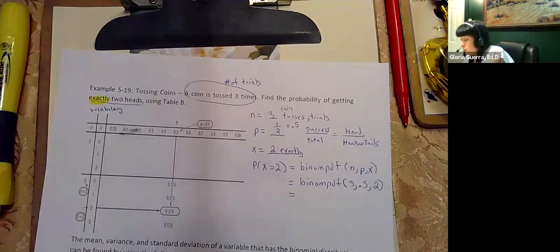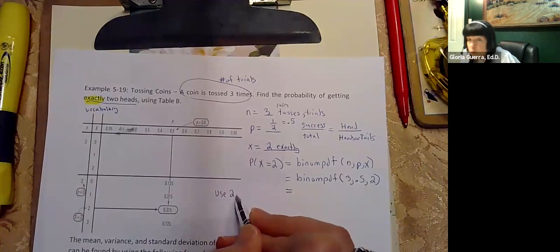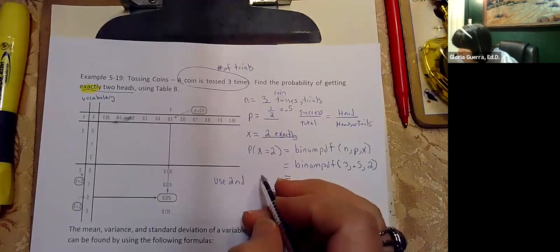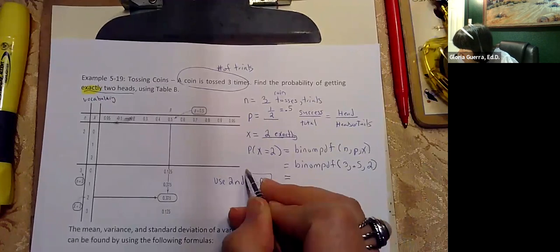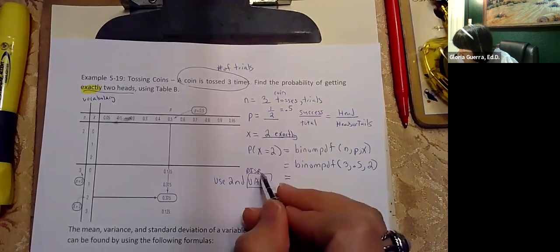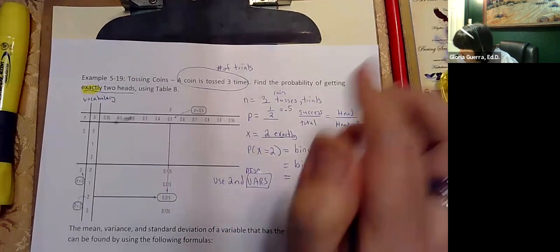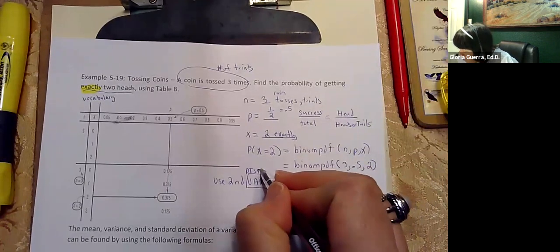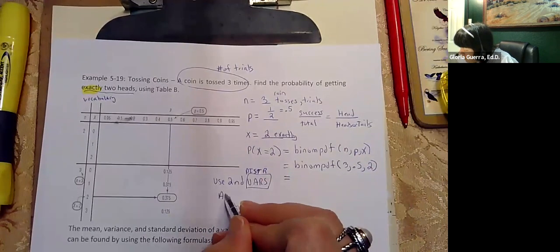Okay, and when you do this on the calculator, you don't need to do 1 minus. It's not a complement, so you have to stay alert. You're not doing 1 minus, but you're always going to do second VARS, DISTR, for distribution. And then it's always alpha.